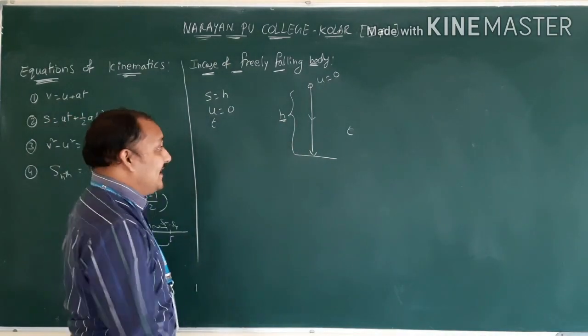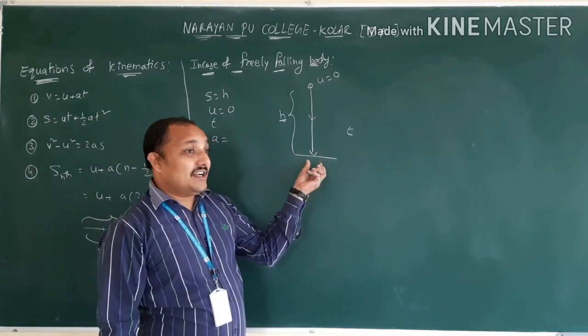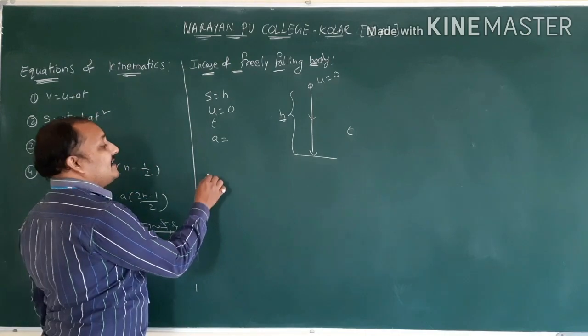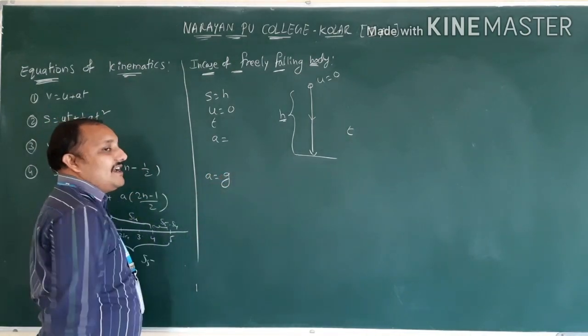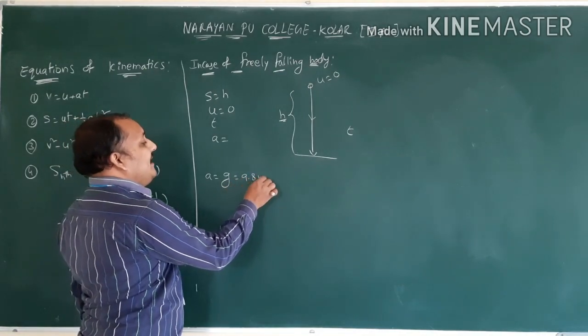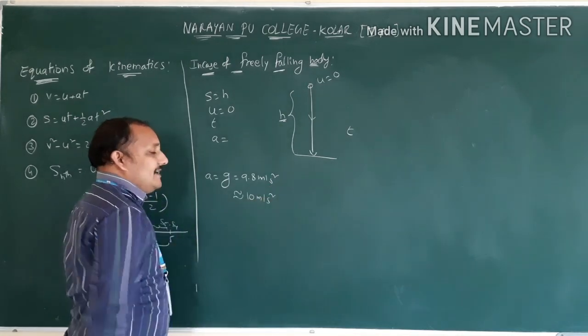Now, what is its acceleration? You already know this: acceleration due to gravity. You write g. What is the small g value? 9.8 meter per second square, or almost 10 meter per second square.